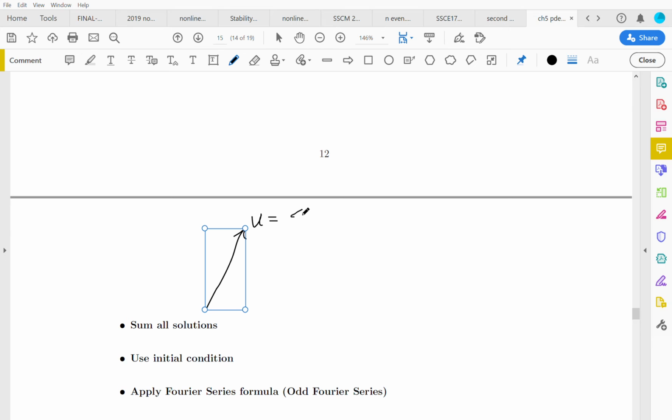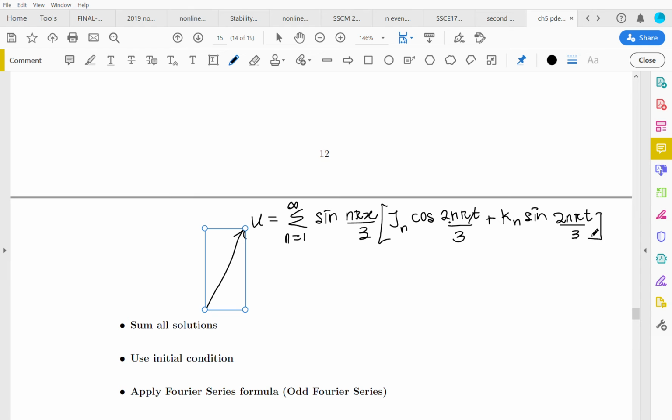So we only have the third case, u3: sine n pi x over 3 multiplied with jn cos 2n pi t over 3 plus kn sine. Okay, please check my answer.